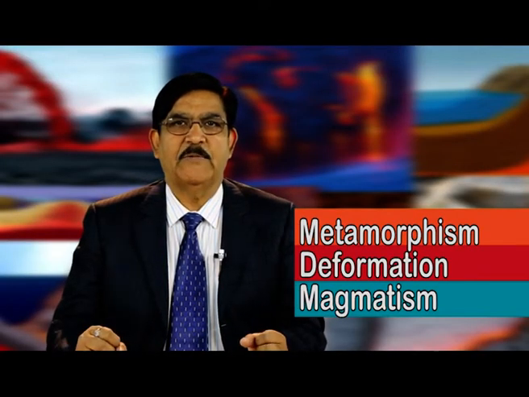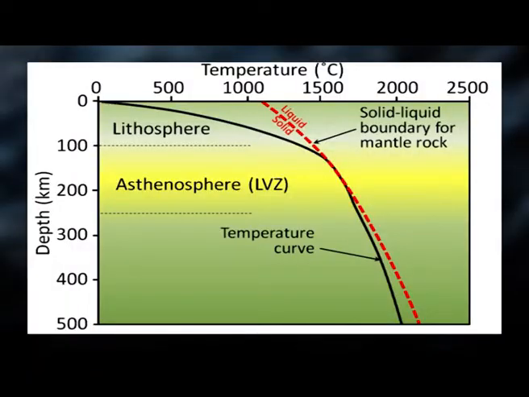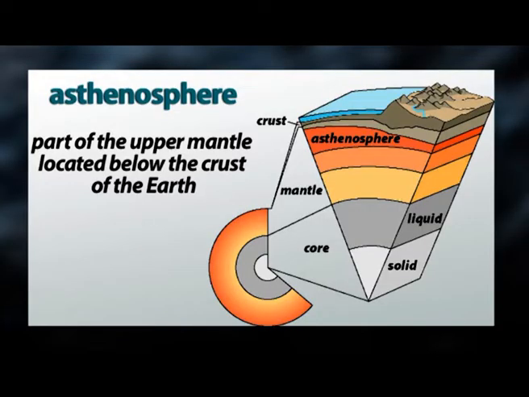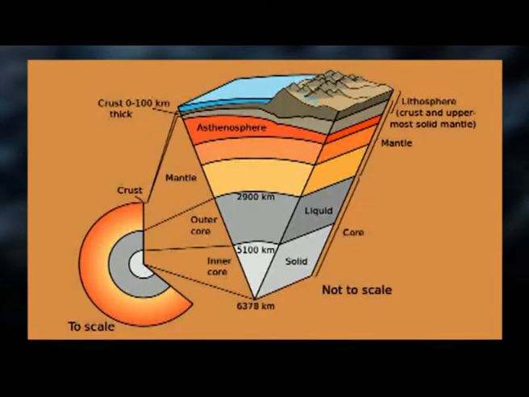Deformation, metamorphism and magmatism are the three main internal processes within the earth. It is known that melts of basaltic composition are generated in the low velocity zone, also called the asthenosphere, which is nearly 70 km under the oceanic crust and nearly 180 km under the continental crust.